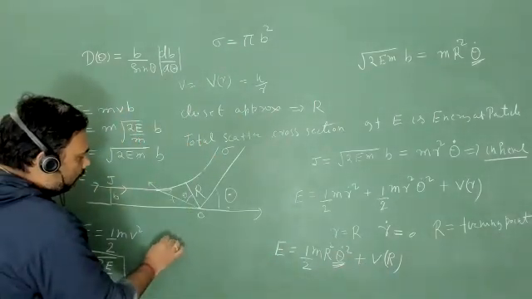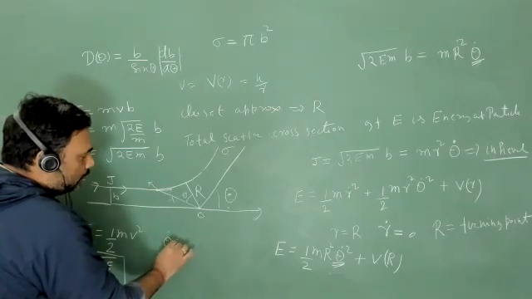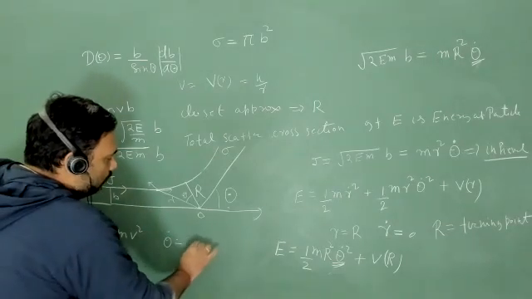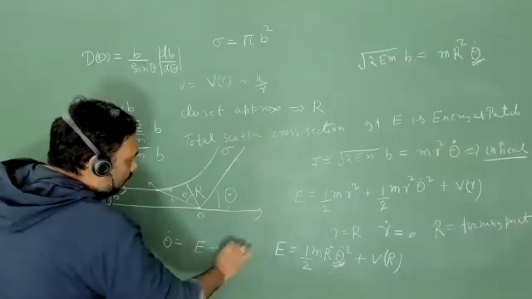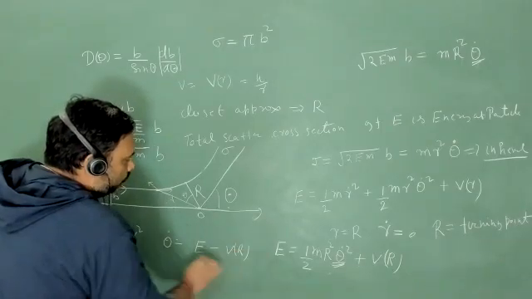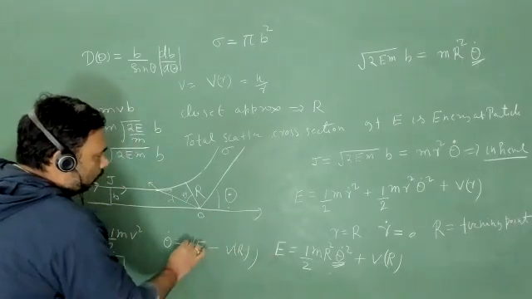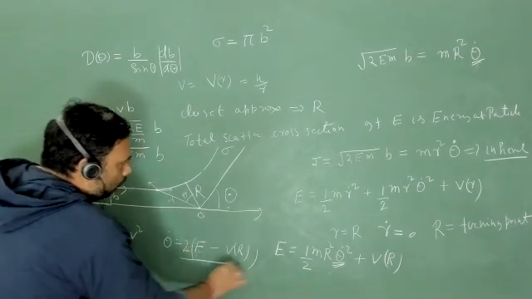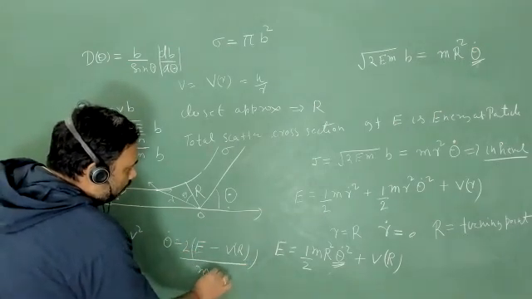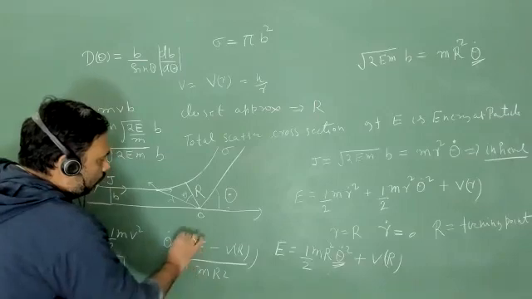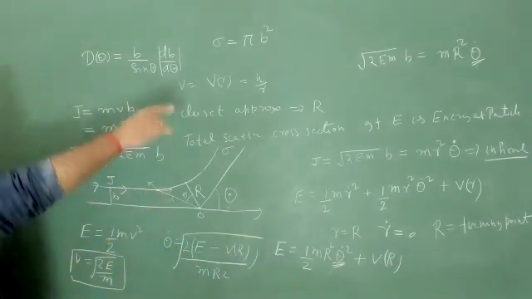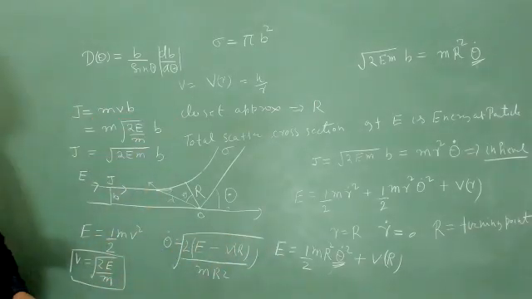So what is my theta dot? You can have root under E minus V(R) into 2 by m r square. Now I can put the value there, then what will I get?